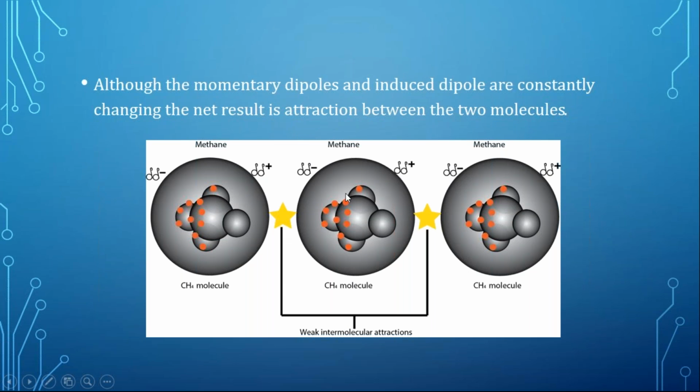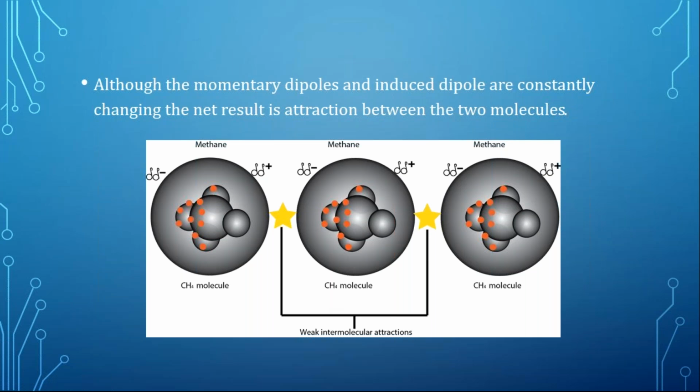Why is there no dipole moment in the methane molecule? Because the charge is symmetrically distributed, since we don't have a strong electronegative atom.